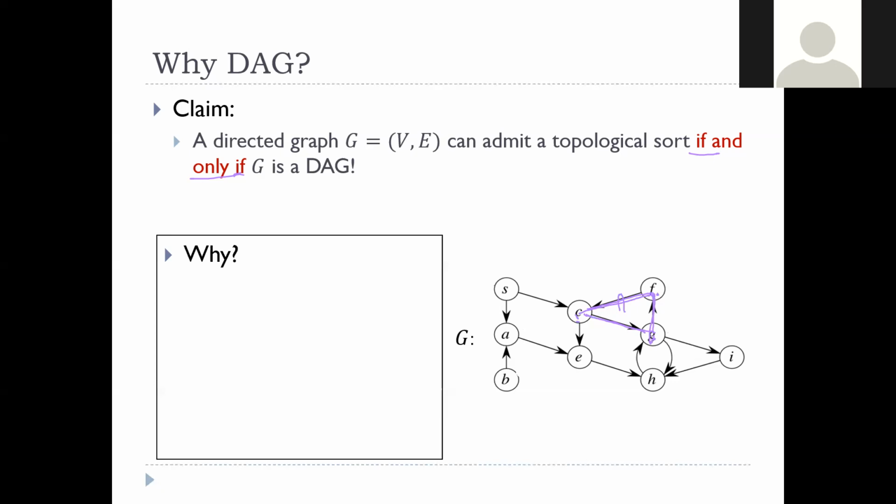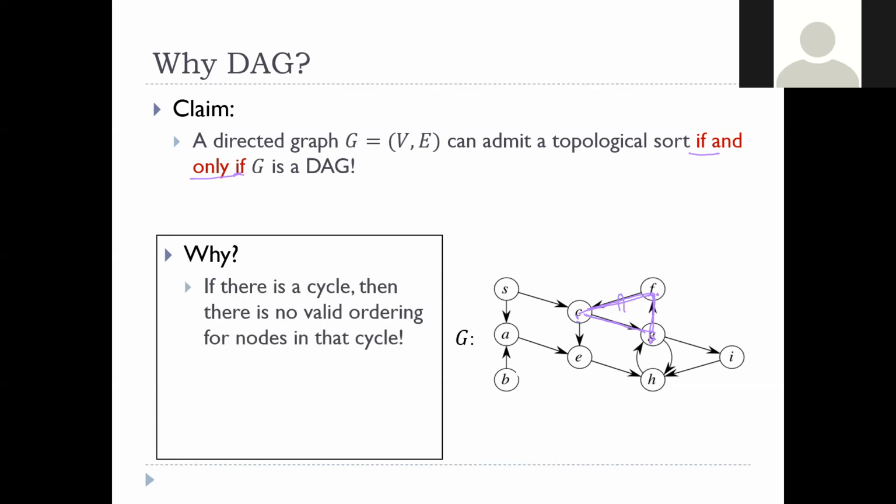So if there's a cycle, then we cannot find a topological sort order to satisfy all these edges. That's why the topological sort is only defined for DAGs. On the other hand, if you have a DAG, as long as you don't have a cycle, then you can always find a topological sort.